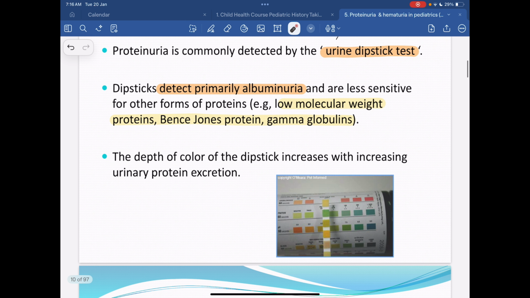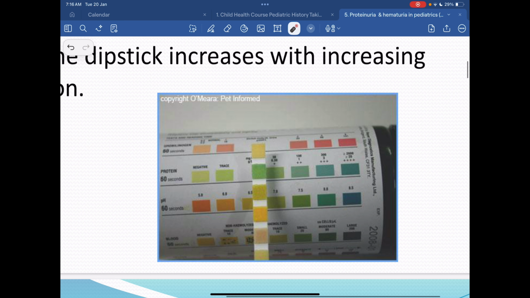طيب, the depth of color of the dipstick increases with increasing urinary protein excretion. Which, hello, we have negative, we have trace, +1, +2, +3, and +4. So in this urine dipstick, what do you see?